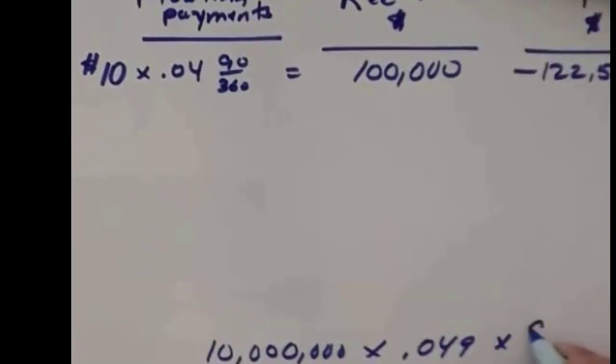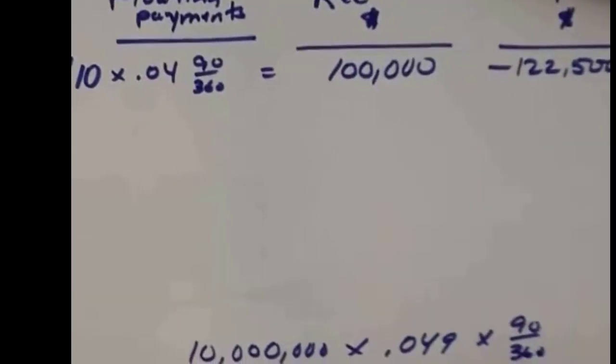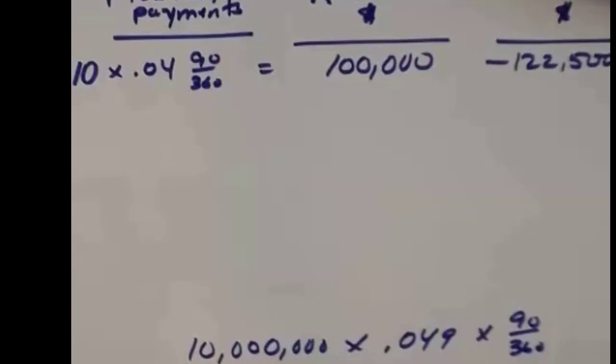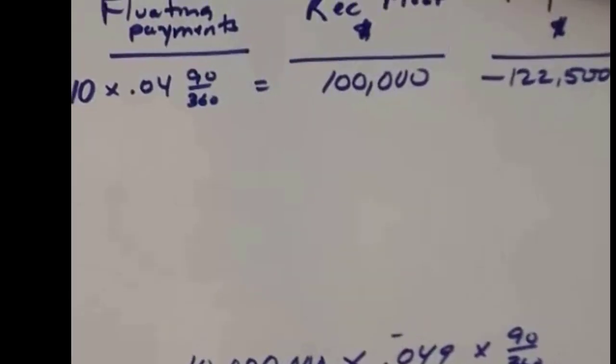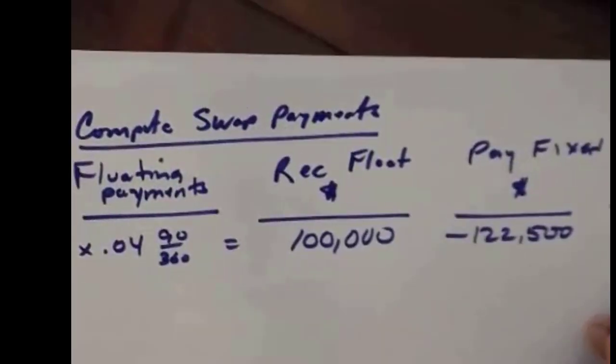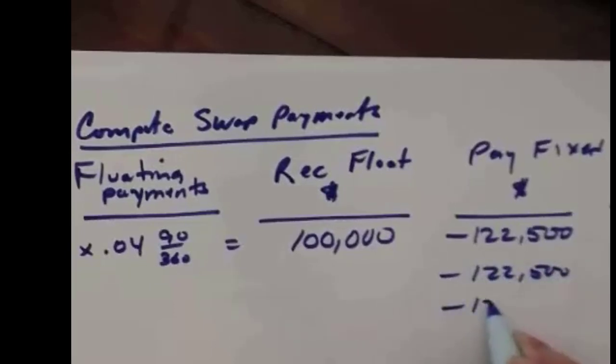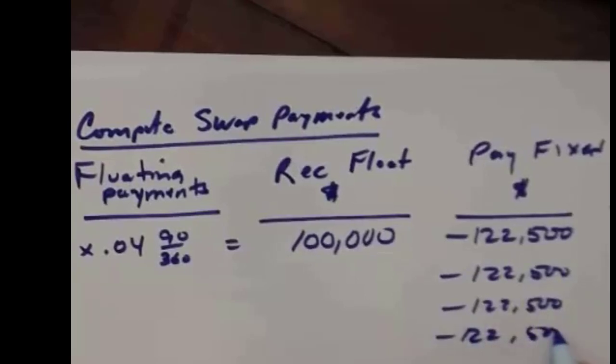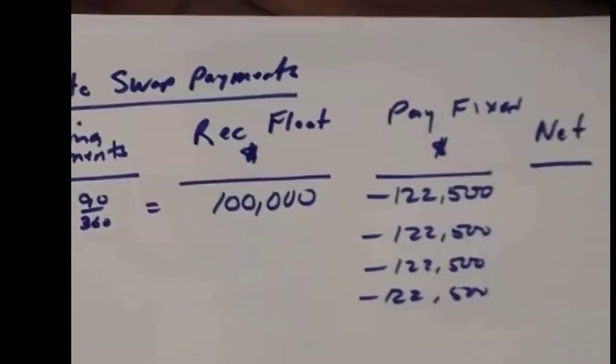And then we need to adjust that for a quarter of a year. And so that payment will equal, it'll be a negative payment because we're paying this rate out, $122,500. Okay? And then, by the way, that'll happen each period, each quarter. We're going to make the same payment. And there we have the payments for the fixed.